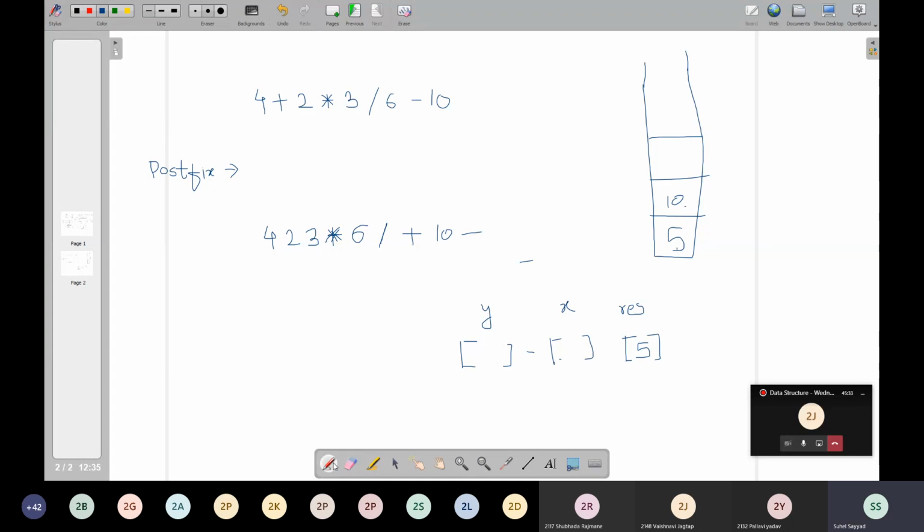After we scan minus, pop will happen, 10 and 5. Result will be calculated as minus 5. That minus 5 will be pushed on the stack. Are you getting final answer as minus 5, all of you?